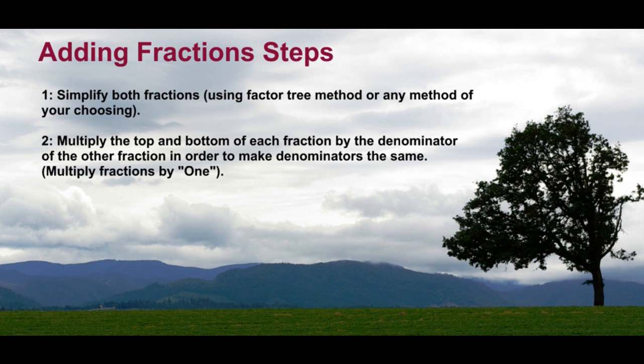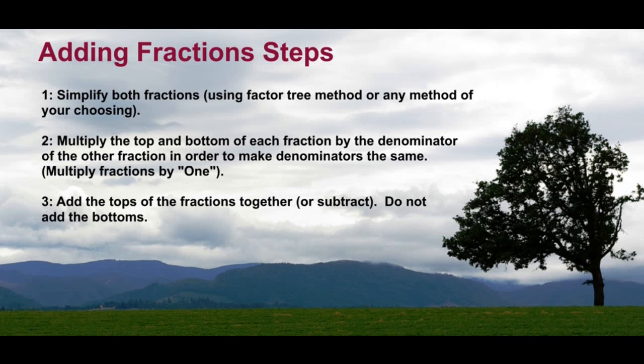So basically we are going to multiply each fraction by 1. Next, we are going to add the tops of the fractions together, or subtract if we're doing subtraction. We are only going to do the tops and we are not going to do the bottoms. Step 4, if we need to, we will simplify the fractions again. And those are all the steps. Look at that. We know how to add fractions now. Isn't that fun?